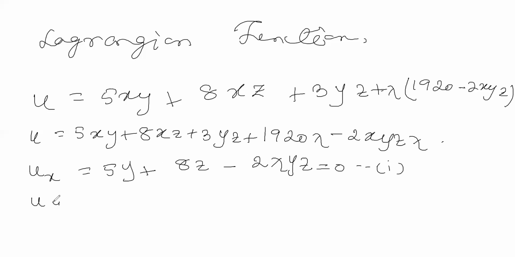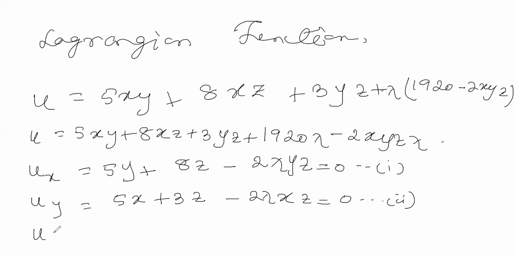Then you solve for y. If you solve for y, you get 5x plus 3z minus 2 lambda xz, set it equal to 0. This is equation number 2.